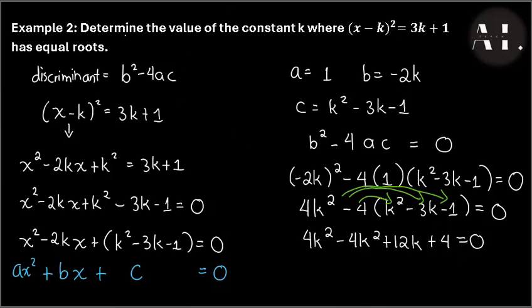Simplify further. 4k squared minus 4k squared is equal to 0. So the equation will be 12k plus 4 is equal to 0.